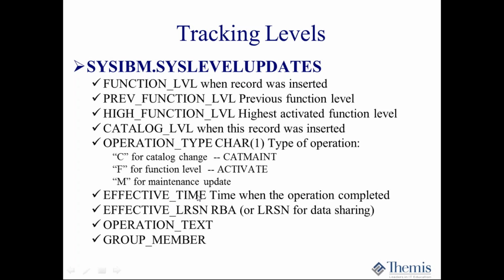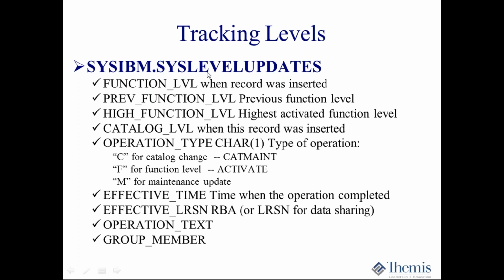And you'll have the time, and of course it writes out into the log, the LRSN, or RBA if you're non-data sharing. Okay. And the group member. It's kept by group member.